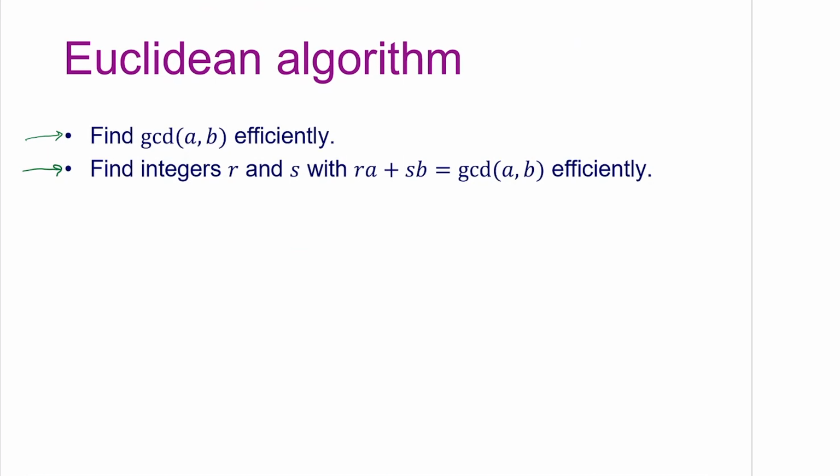The second is that whenever we are computing this GCD, we can always find some integers r and s, which don't have to be positive and could be negative, that form an equation so that r times a plus s times b equals the GCD of a and b. This is very important in cryptography. I'm going to show you how we can do this GCD computation very efficiently, and then we will see some examples very soon.